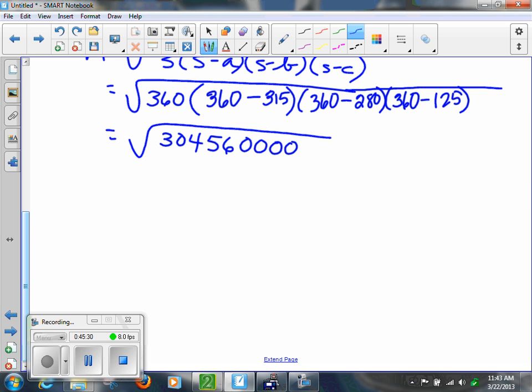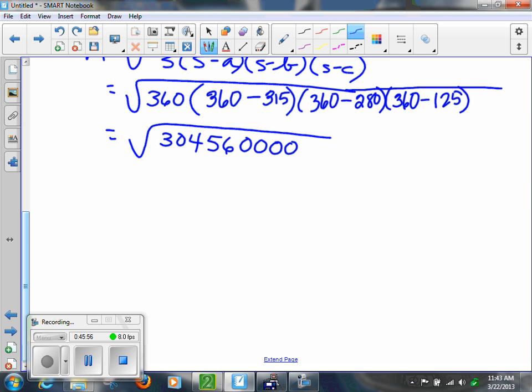Yes, you can work the quantities first, or if you're a calculator ninja, 360 parentheses, 360 minus 315 parentheses, 360 minus 280 parentheses, 360 minus 125 parentheses, enter, and that's what you're going to get, okay?